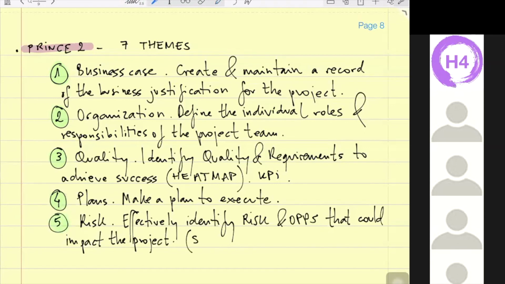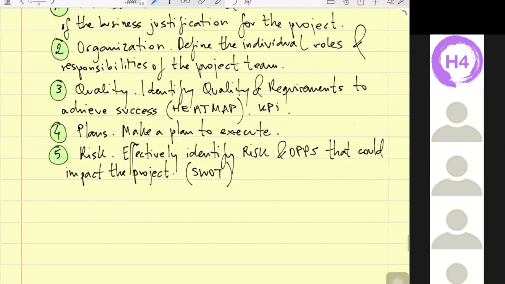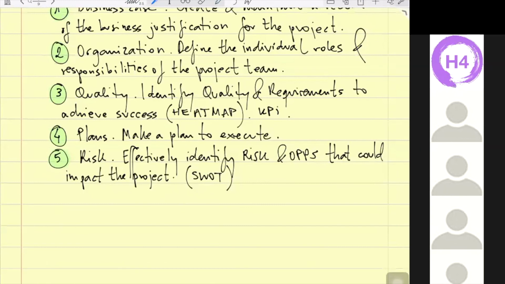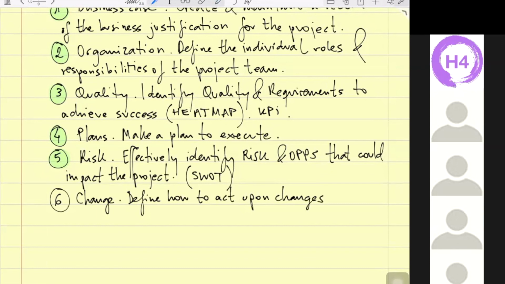Maybe you've heard of SWOT analysis before. Number 6, change. Define how to act upon changes. So you need to have a routine to identify and react to changes.